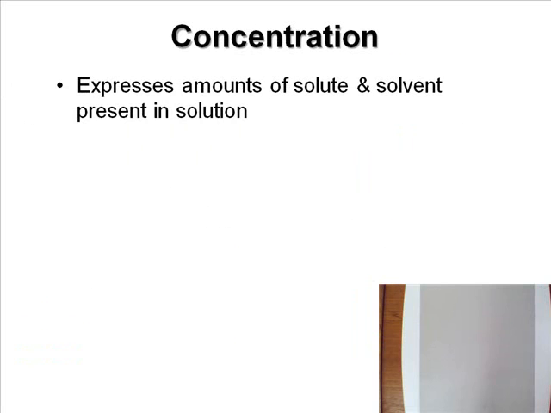Now, it's not good enough to say on a hot summer day, I want some lemonade, and to say it's too strong or too weak. In chemistry, we've got to assign numbers to that. We would like to measure what it means to have strong lemonade on a summer day or weak lemonade.